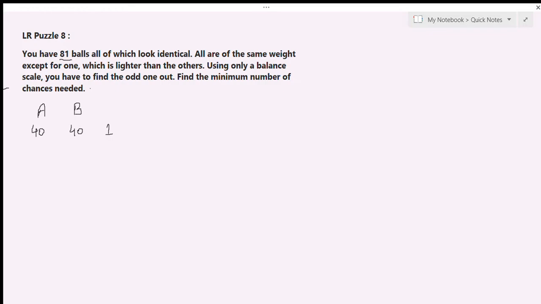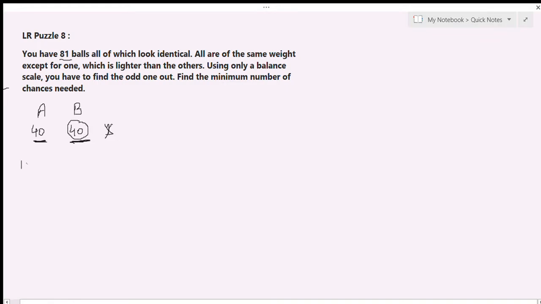So another reason why this approach of dividing the balls into two equal groups is wrong: even if I find out that one of these sides, let us say A or B, is slightly lighter than the other on the weighing scale, then obviously the other side is already eliminated. Suppose this side is lighter.